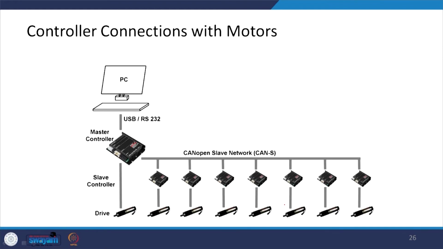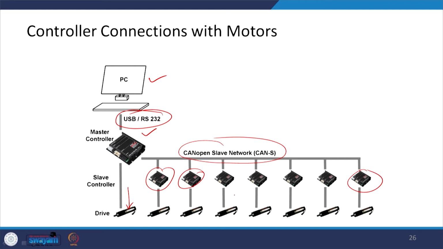So, this is the structure basically, the controller connection with motor, which you can see: we had a PC, there is a USB or RS-232 port for the communication, we have the master controller, and there are 7 slave controllers connected to the CANopen slave network, and here are the drives. So, this master controller controls its own motor, and sends signals to the other 7 slave controllers, and these slave controllers in turn control the 7 other motors.